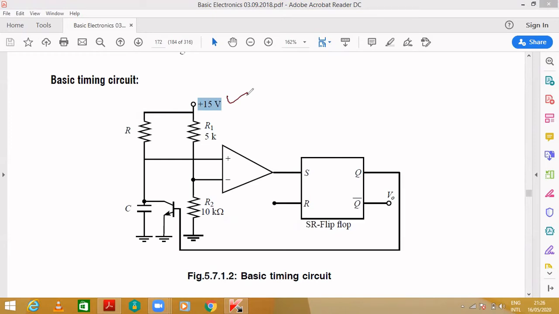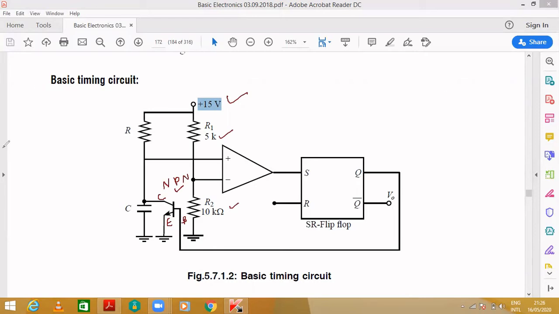It is connected to R1 of 5 kilo ohm, and R2 of 10 kilo ohm, and one transistor is used. Which transistor? It is an NPN transistor, and this is the capacitor, which is connected to the collector, isn't it? This is the collector, this is the emitter, and this will be the base.